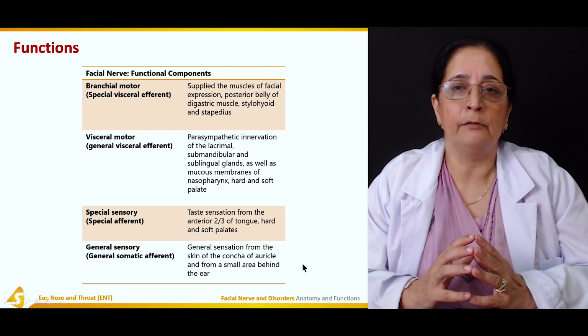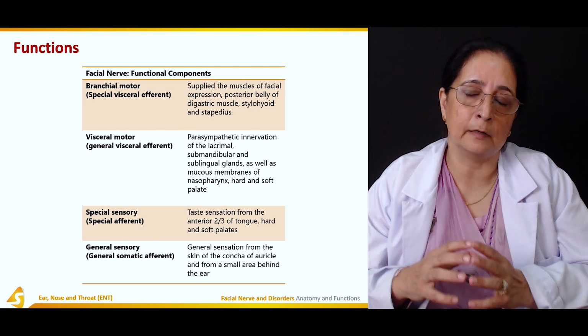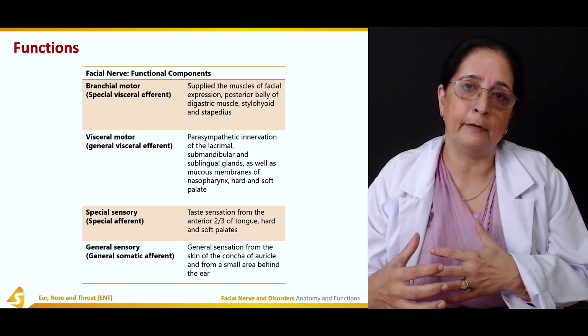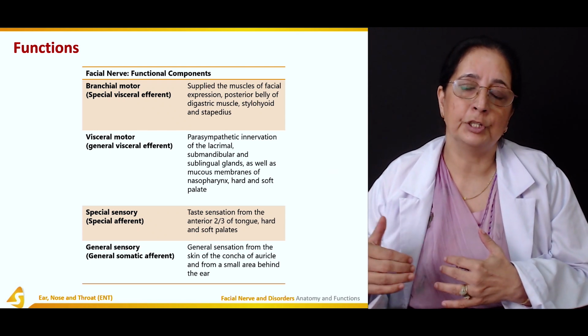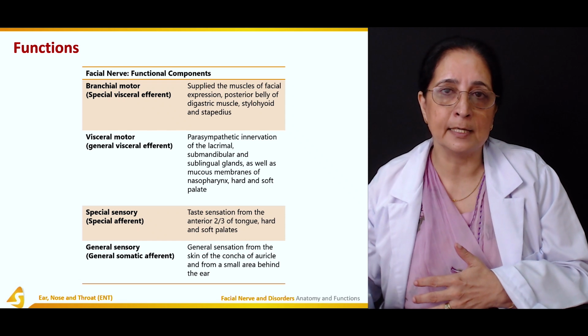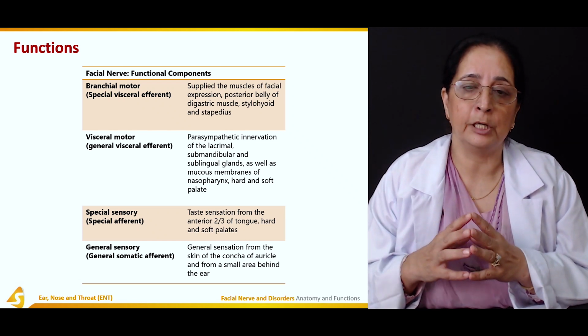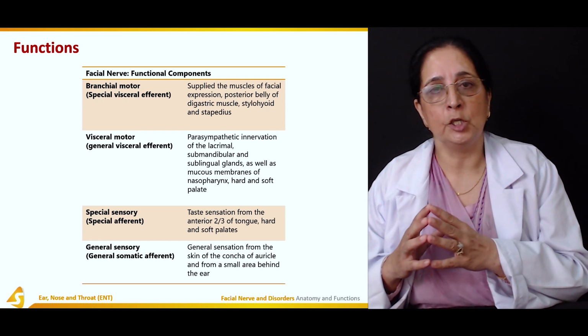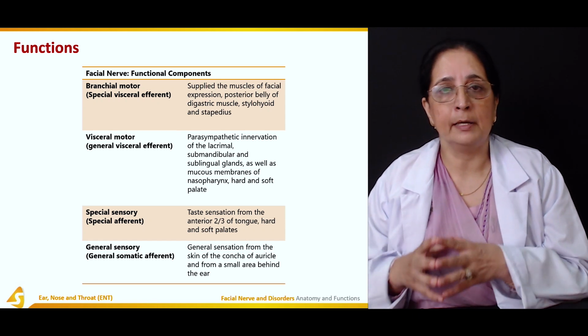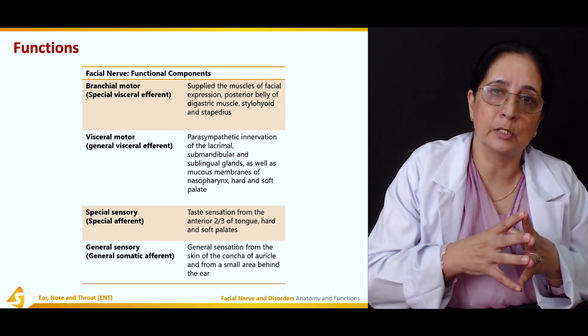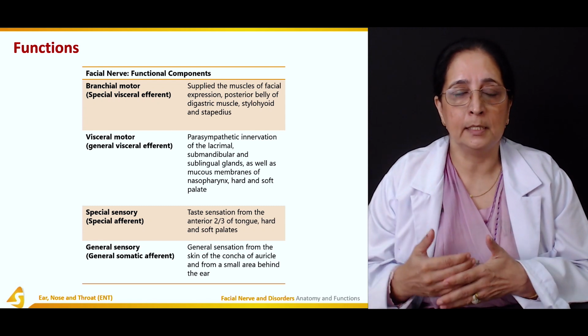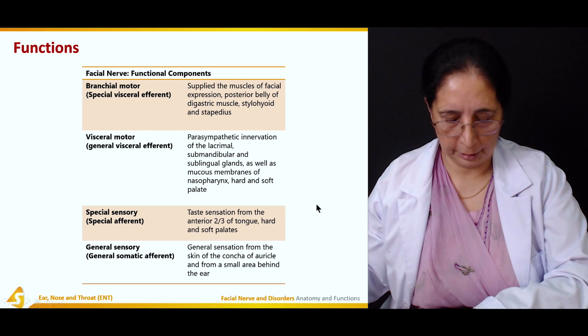So these are the functions of the facial nerve. Functions are further divided into those carried by efferent and afferent fibers. Efferent carries information from the brain to the structures. Afferent carries it from the different parts to the brain, and all these are carried out by the facial nerve.